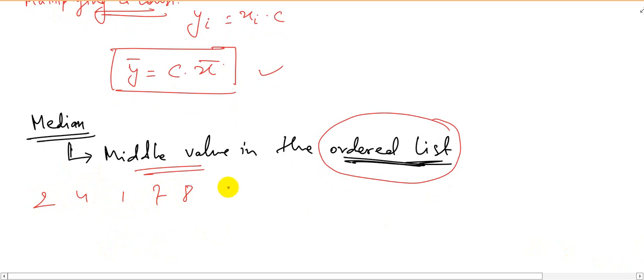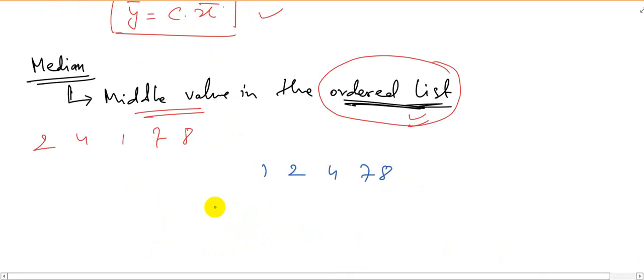We are asked to find the median. The first thing is to make it an ordered list. The ordered list will be like this: 1, 2, 4, 7, and 8. So what is the middle value?